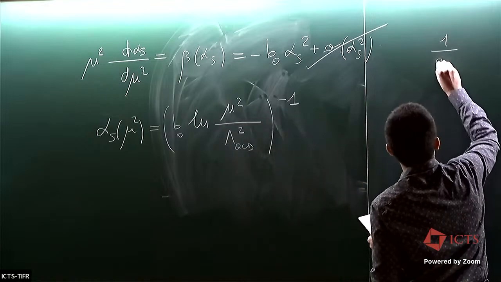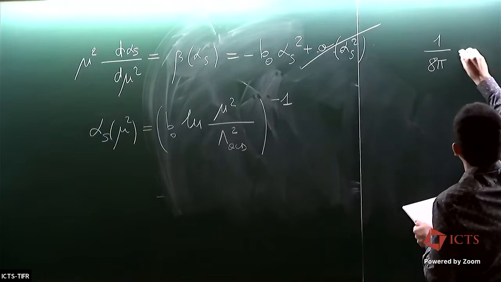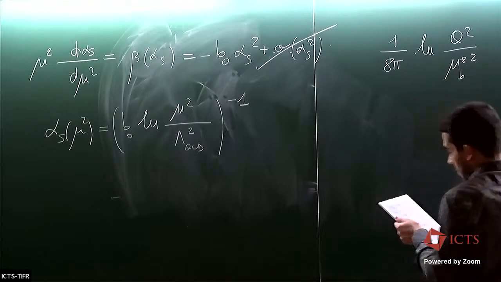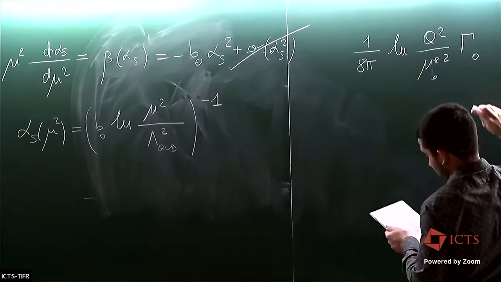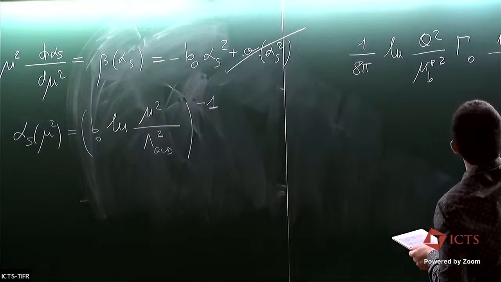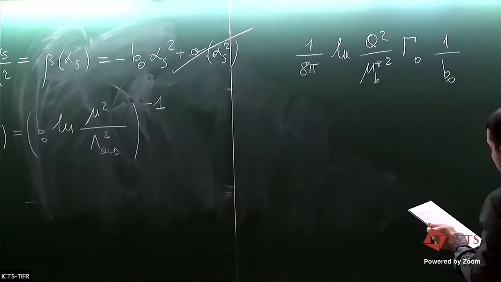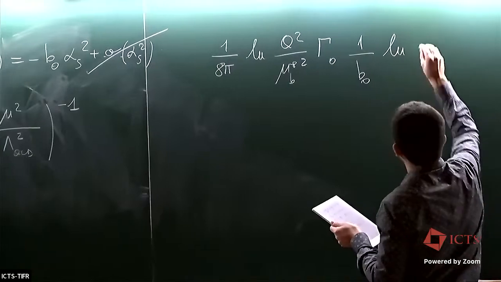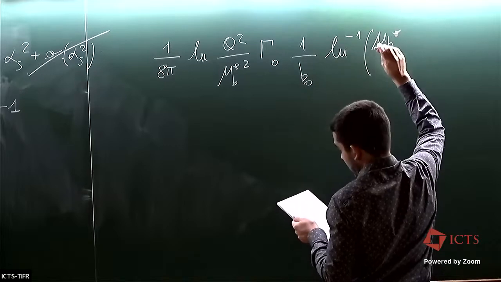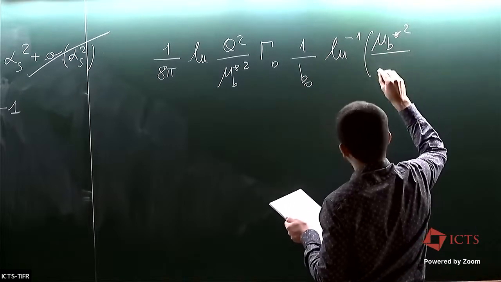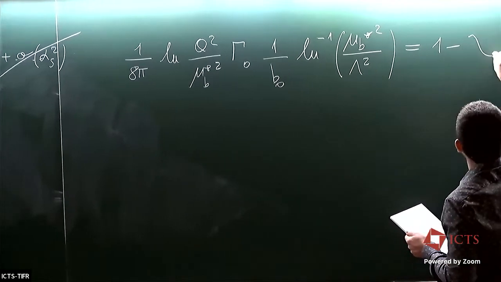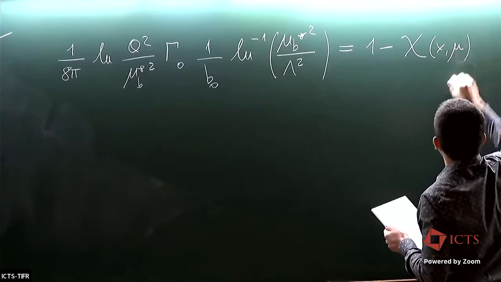We get 1/8 pi, the log of q squared divided by mu b star squared, gamma 0, and then I have alpha strong, right? So I have 1/b0, the inverse log of mu b star squared divided by lambda squared, equal to 1 minus the capital X function here.